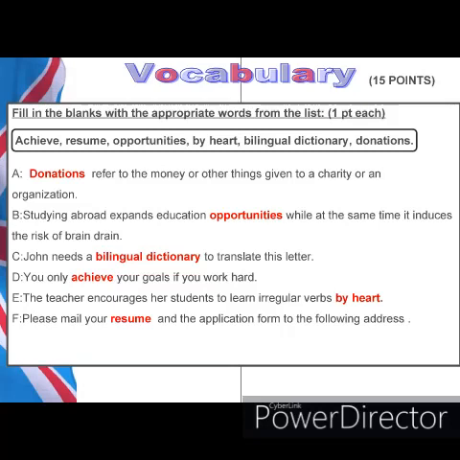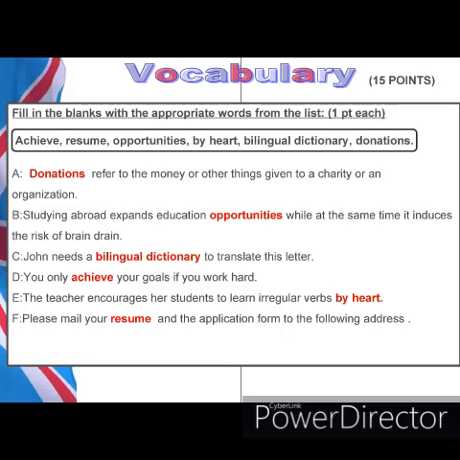B, studying abroad expands education opportunities while at the same time it includes the risk of brain drain. Opportunities. C, John needs a bilingual dictionary to translate this letter.